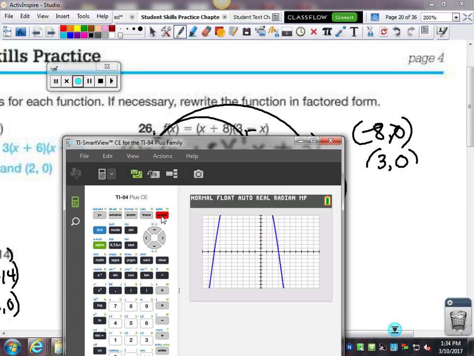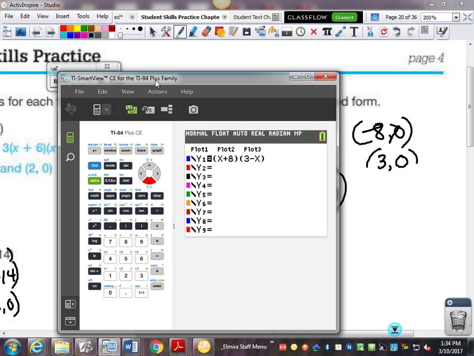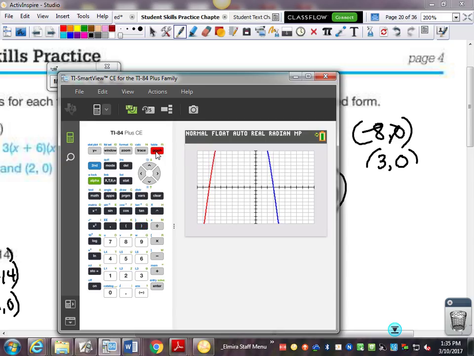Negative 8, 0, and 3, 0. So yeah, I have the right zeros. And then if you wanted to further check, did you factor that negative out correctly? You can see that my blue function turned red because they overlapped each other because they're the same function.